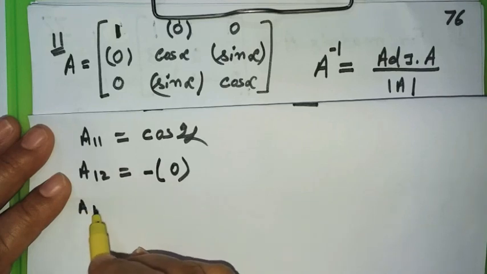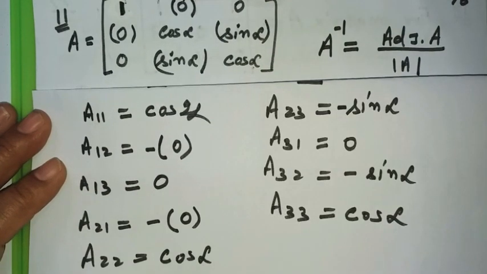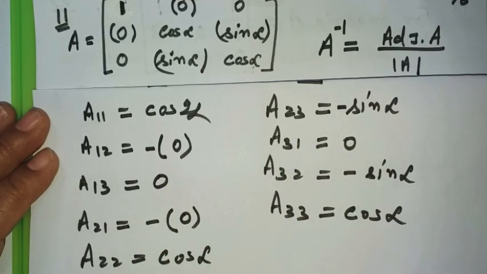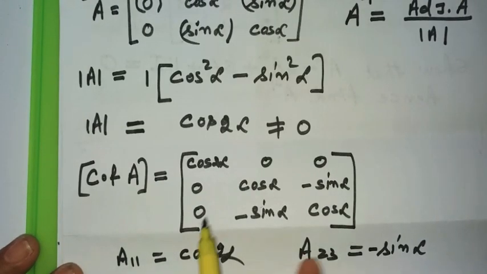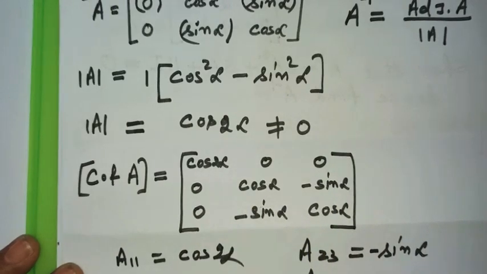Then the next cofactor, A13. So we got the cofactors of every element by the method I have explained earlier. Now I write them in a matrix, and that matrix will be called cofactor A. I replaced every element by its cofactor, and this is how I got the cofactor matrix.